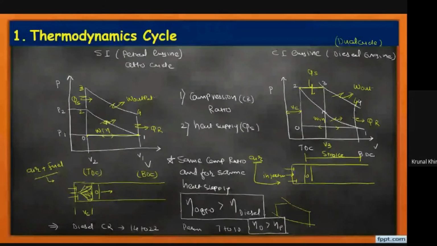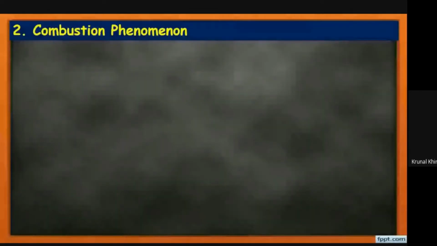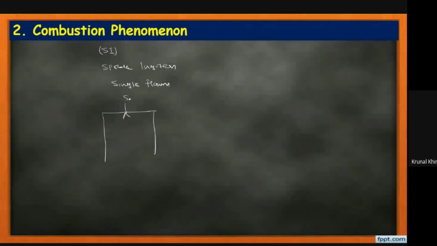Then the second is combustion phenomena. In SI engines, there is a spark plug, or spark ignition, so there is a single flame. Let's suppose this is the cylinder and we have the spark plug over here. At the end of the compression stroke, the piston reaches the top dead center, and there is the mixture of petrol and air.